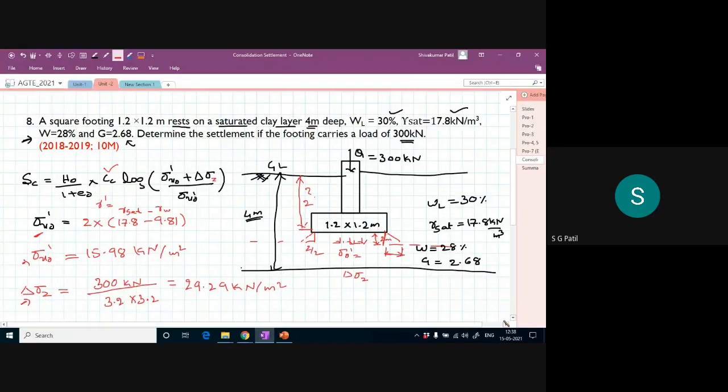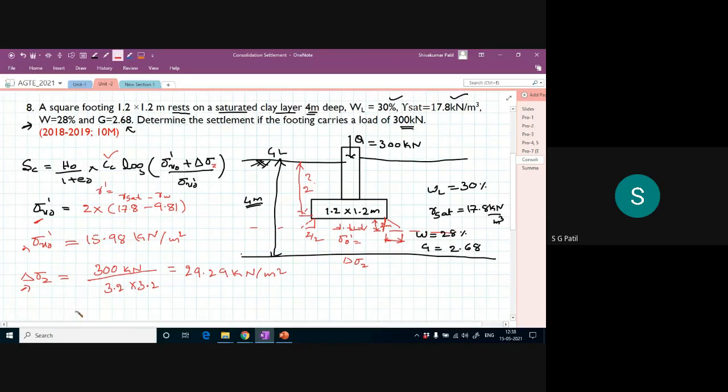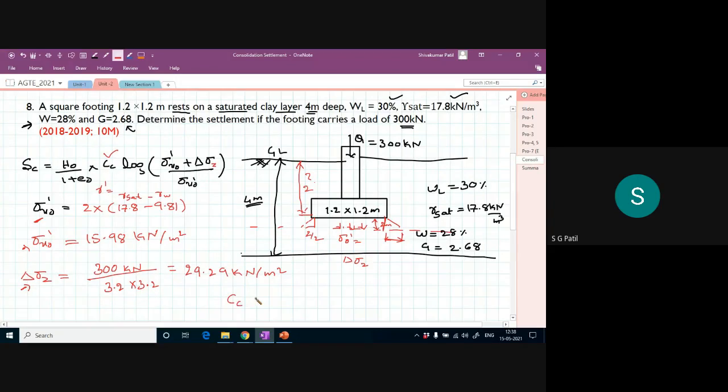Once I got this one, next I have to find out my CC value. How can I calculate the CC value? If you remember the formula, CC is equal to 0.009 into liquid limit minus 10.